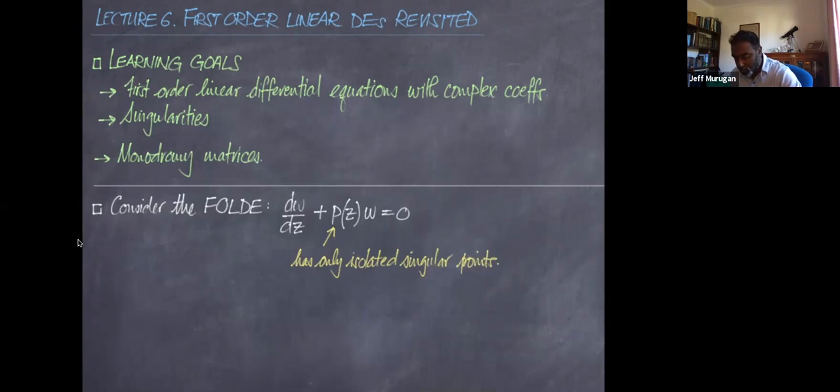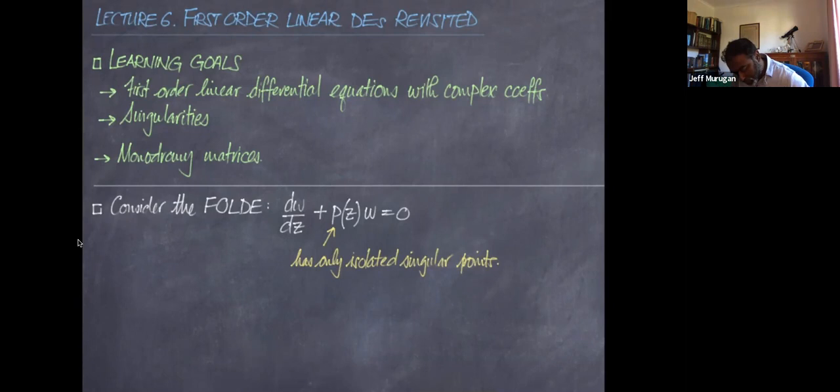So what I mean by isolated singular points is that it'll have some singularity. I haven't decided what that singularity is yet, but if it has these singularities, then I can always draw some neighborhood around that singularity such that I don't encounter another singularity. So that's what I mean by an isolated singular point.